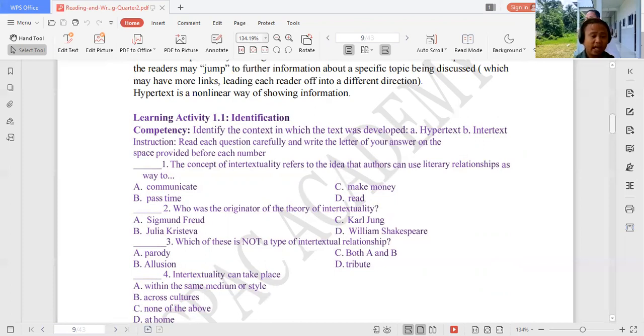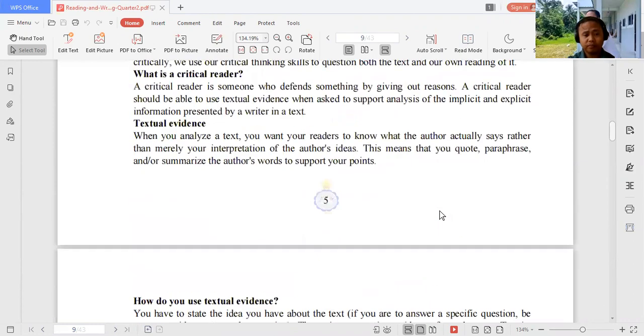You're going to answer A, B, C, or D. That will be your answer. That is what you're going to do in learning activity 1.1.